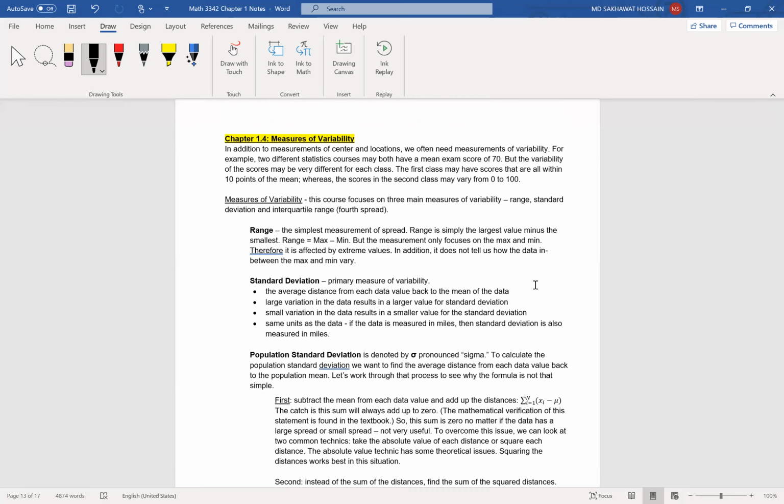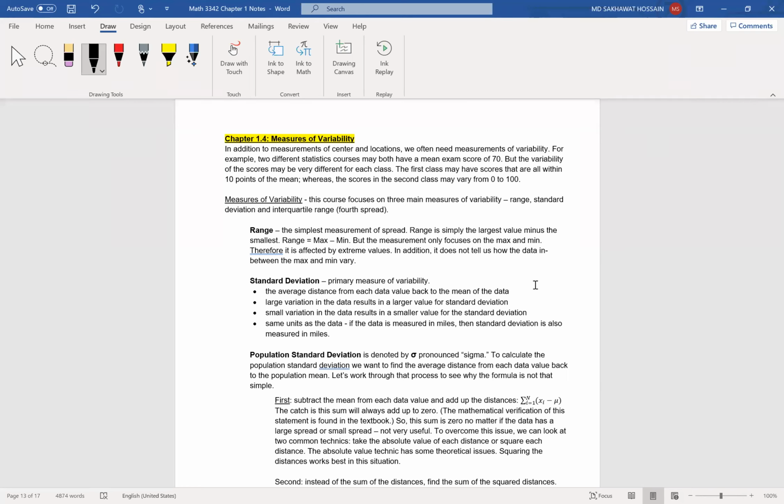For example, if there are two classes and we want to get the complete idea about the scores of these two classes, or compare the students' capabilities, how can we compare these two groups?